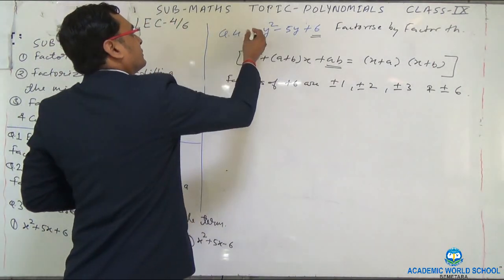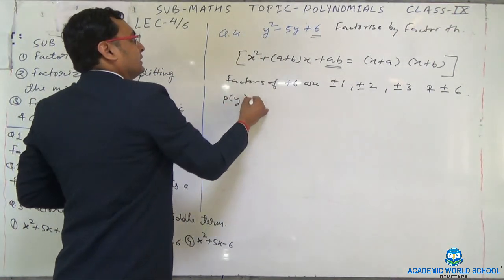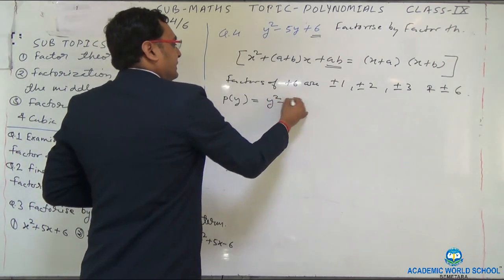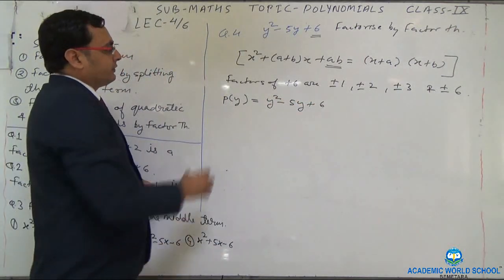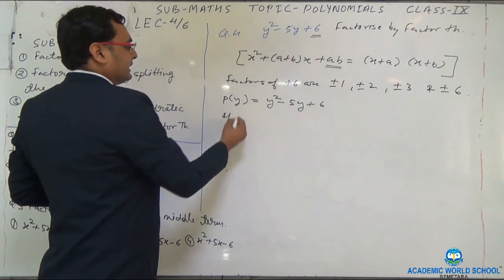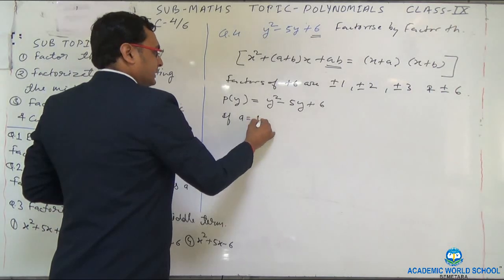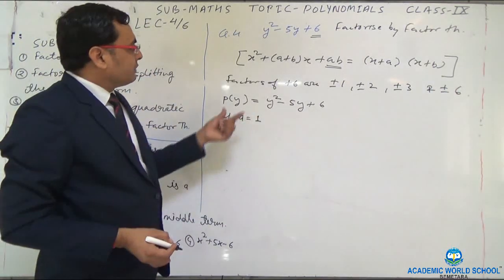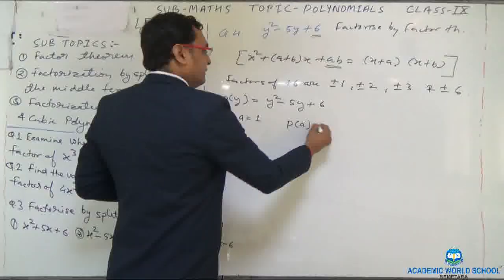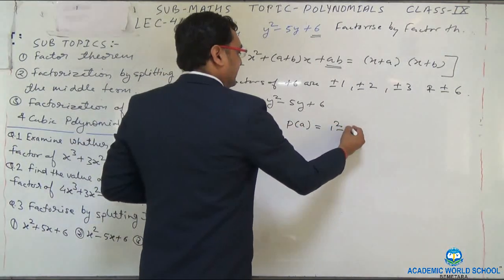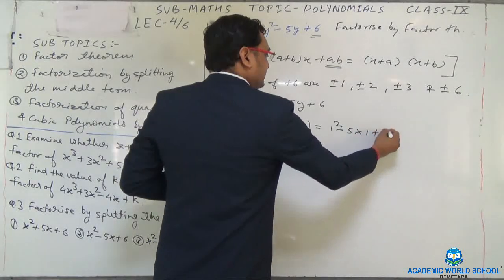So look at here. Here the polynomial py is equal to y square minus 5y plus 6. If we say that a is equal to plus 1, then what will be the remainder pa? Pa will be equal to 1 square minus 5 into 1 plus 6.